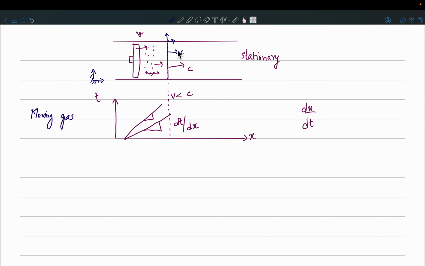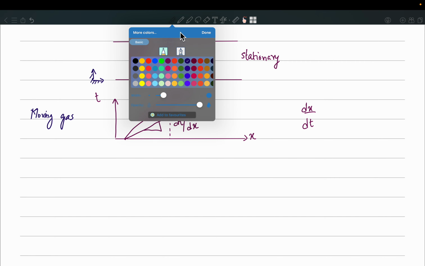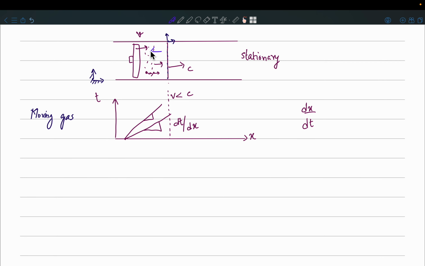Now if you are sitting over here, you can't see this c speed, so I'll delete this, and what you can see is these particles are moving in the opposite direction with speed c, and this piston is coming close with speed v.